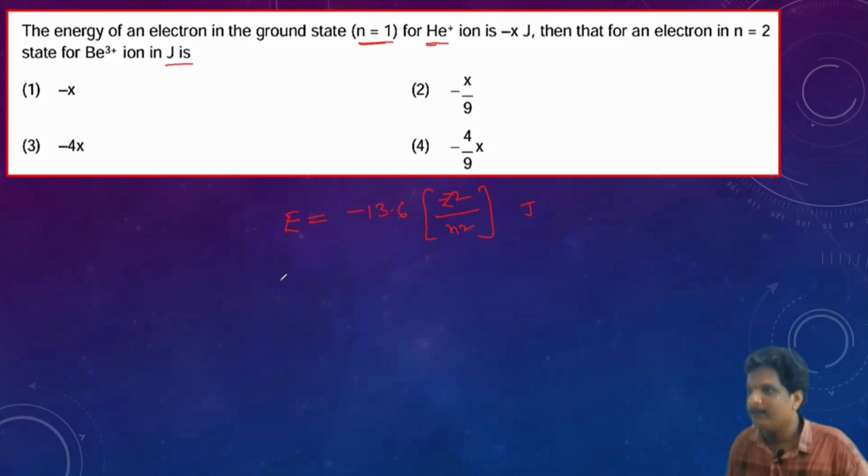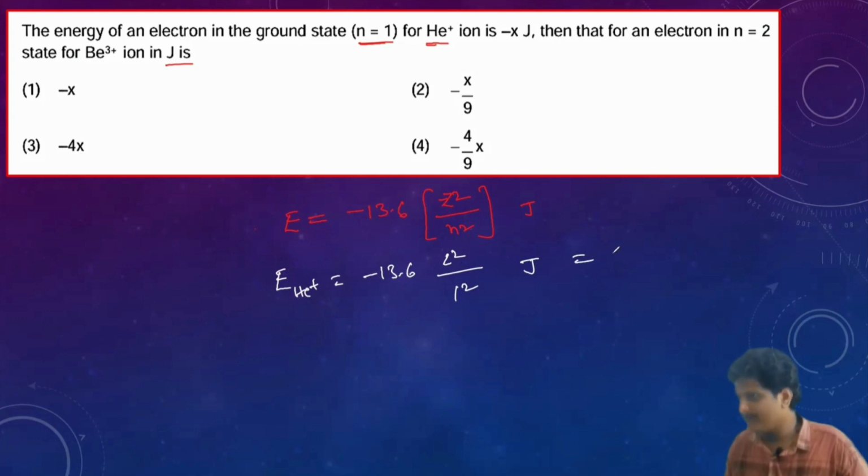So for helium plus, it is minus 13.6 into Z for helium, which is 2, square, by n, which they have given as 1, square, joules. So minus 13.6 into 4 equals minus X joules.